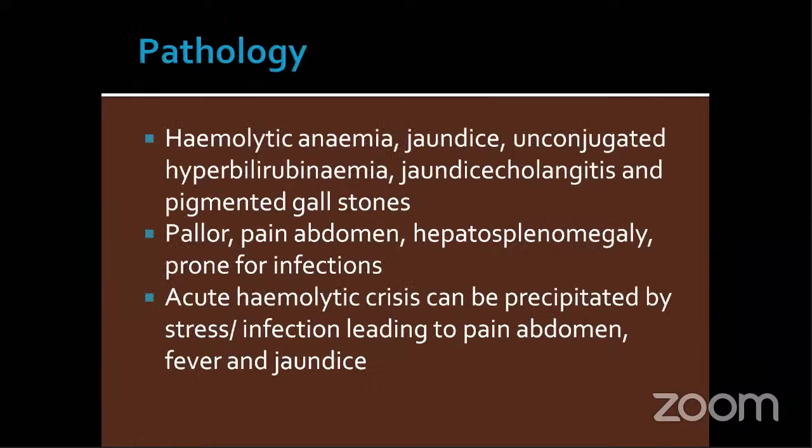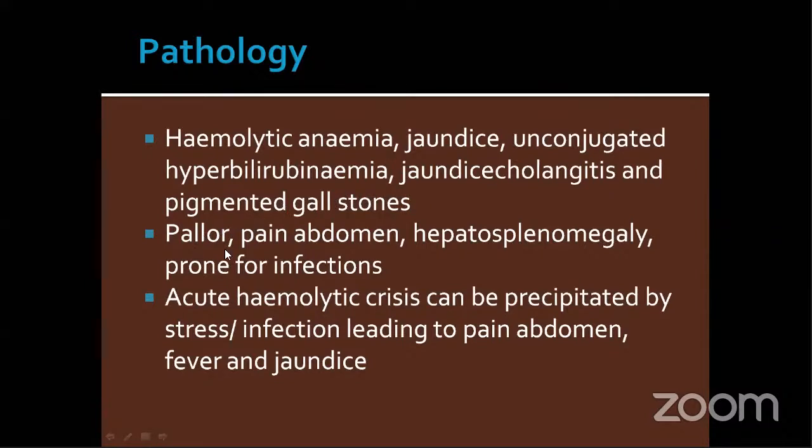Suppose spherocytes are there. It will cause hemolytic anemia and jaundice, because of increased bilirubin turnover, unconjugated hyperbilirubinemia, jaundice, cholangitis, and pigmented gallstones. So in any child or young adult with gallstones, always rule out hematological disorders, especially hereditary spherocytosis or sickle cell.